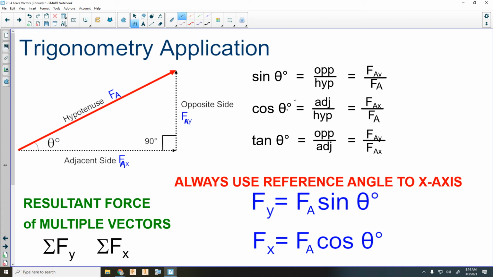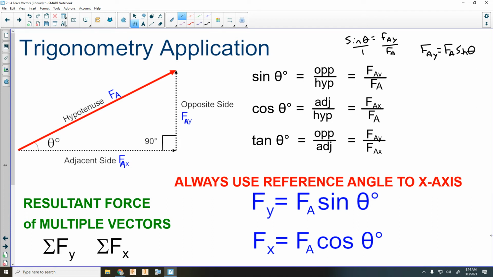So if sine of theta equals F-A-Y over the force of A, and I want to isolate F-A-Y, the force of A in the y direction is the force of A times the sine of the angle.